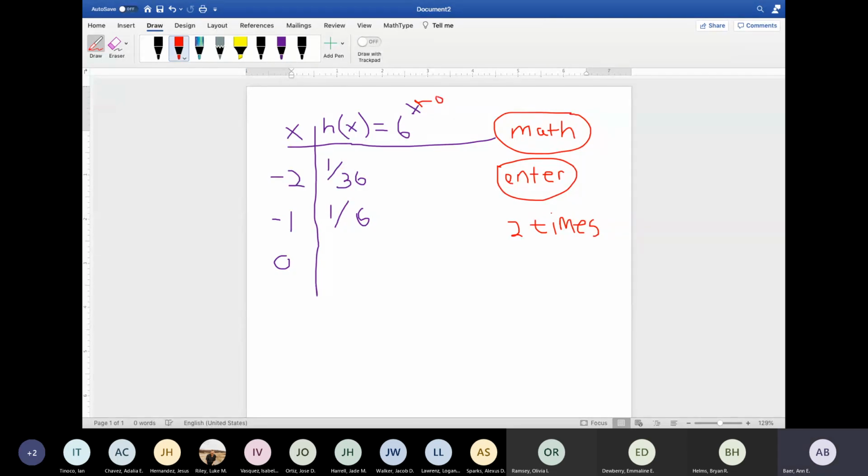Any number other than 0 to the 0 power is 1. But let's do this on our calculator anyway. Let's put in 6 raised to the 0, enter, and get 1. So this is 1.